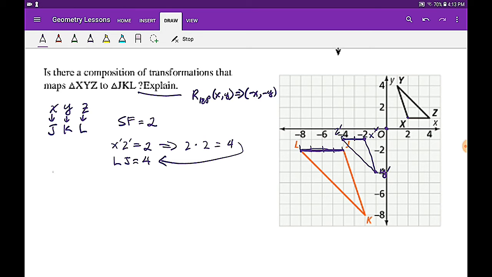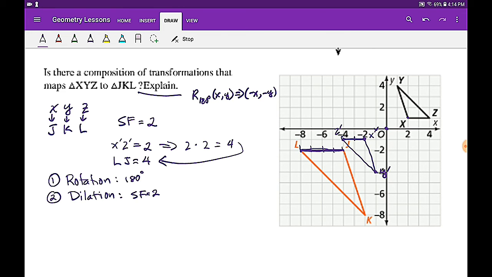Our steps are: number 1, rotation of 180 degrees centered at the origin, and then number 2 is dilation, scale factor equal to 2.